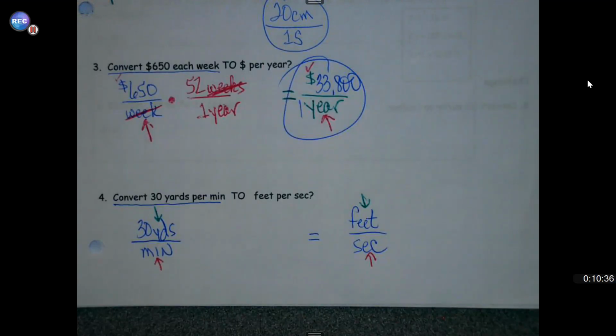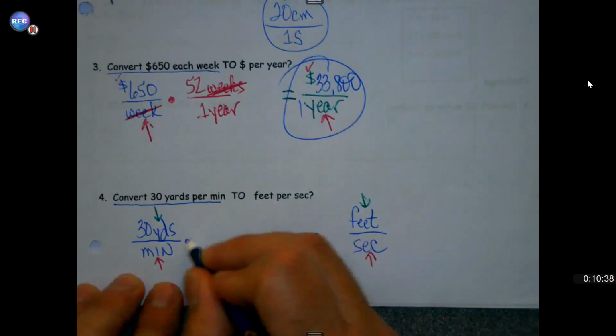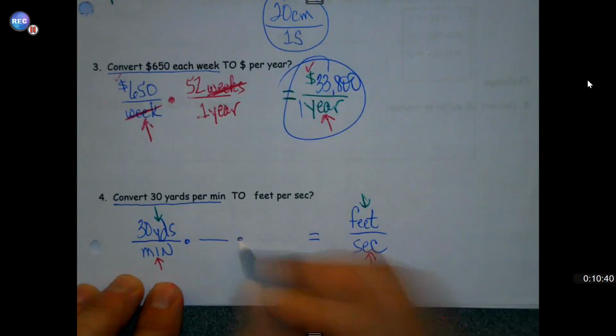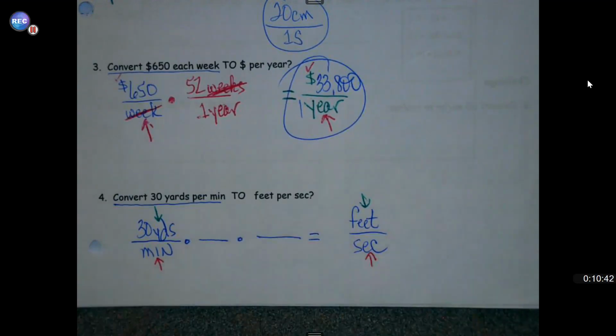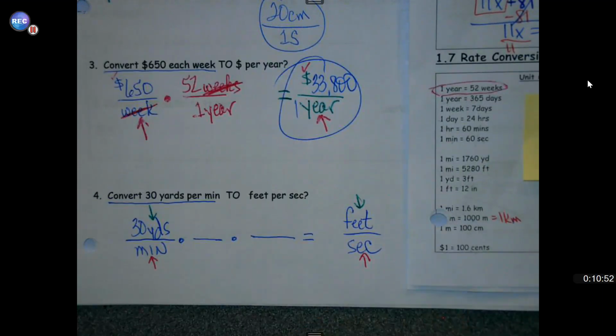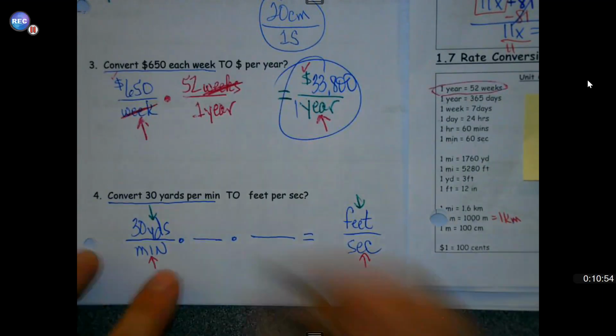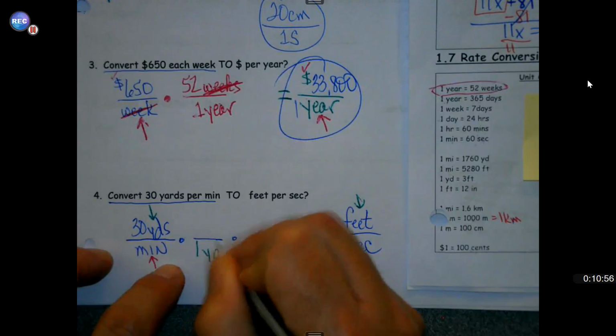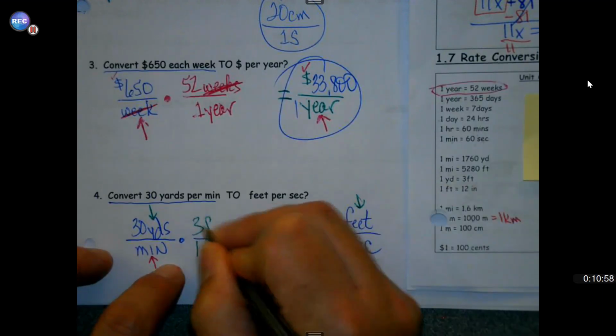So there are going to be, since nothing was the same, two pieces in here that you need to look up on your rate sheet and find those to make the change. So look through there.